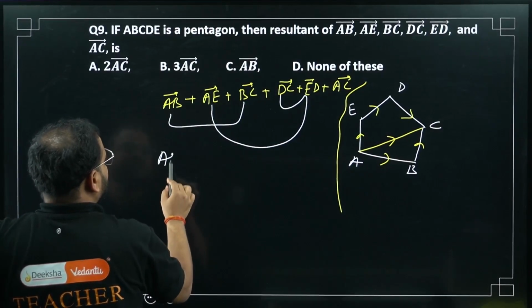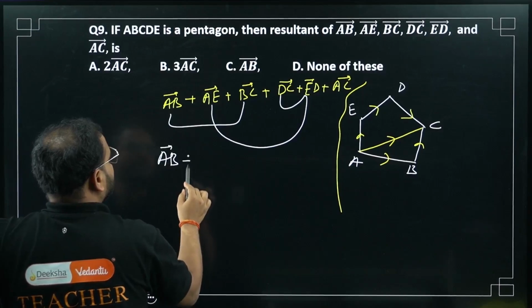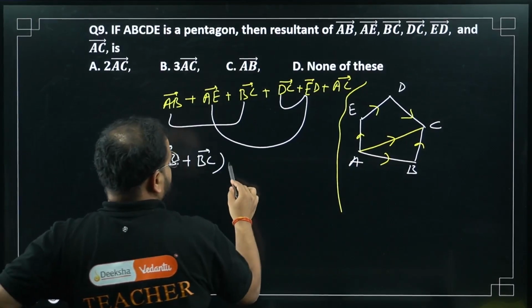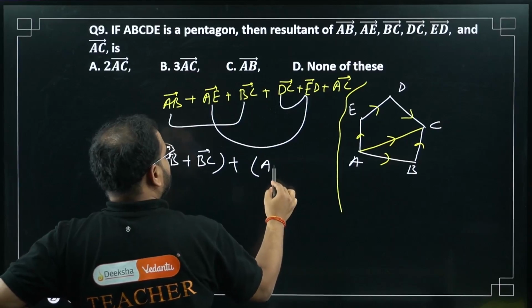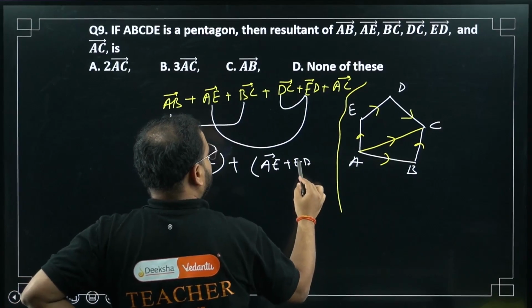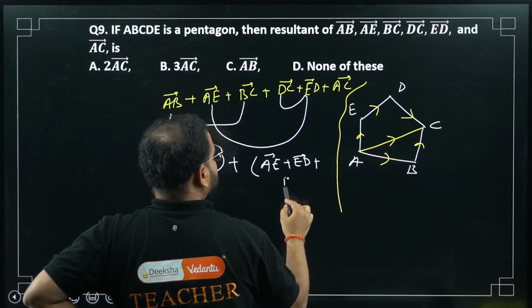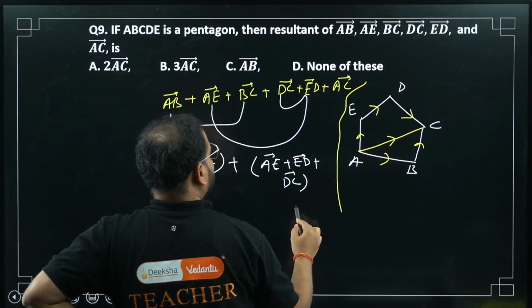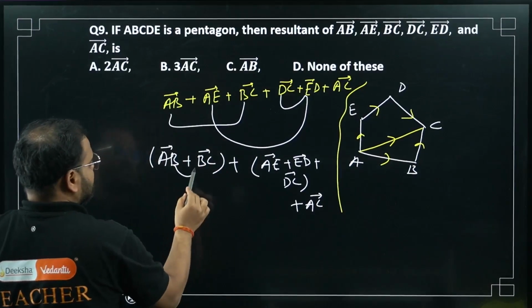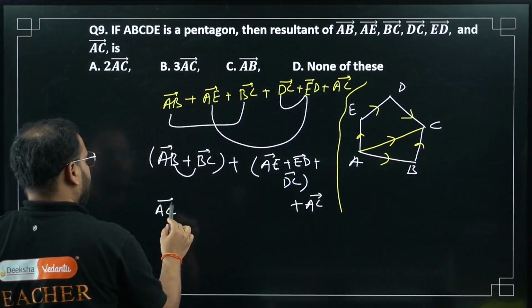So I can write this as AB plus BC together. Okay. Plus AE plus ED plus DC together. The last one, the left out one, simply AC. Please cross check. AB plus BC is AC.